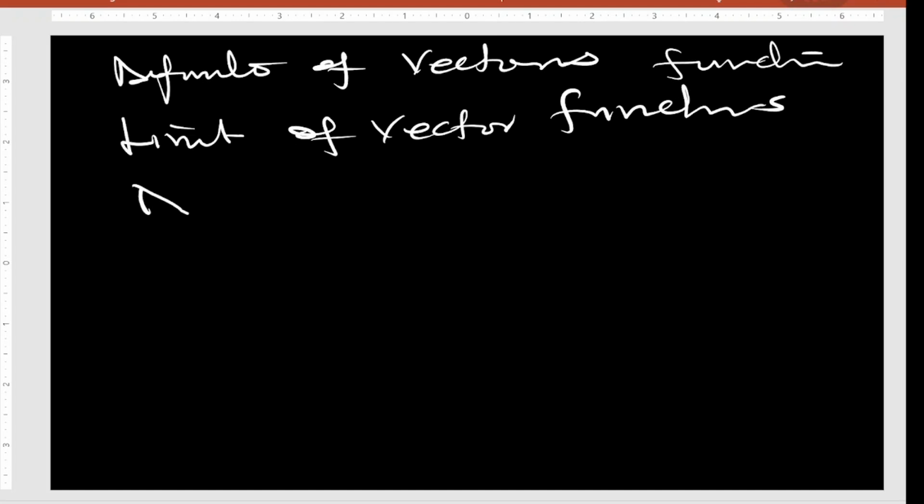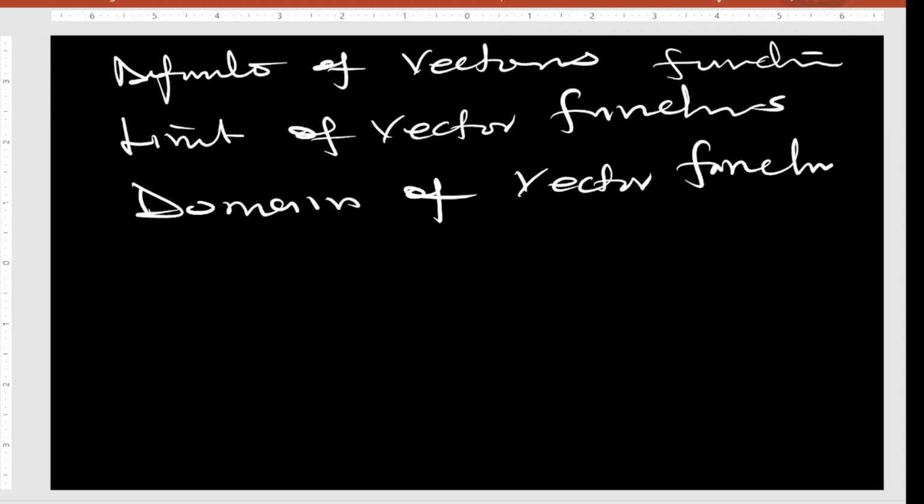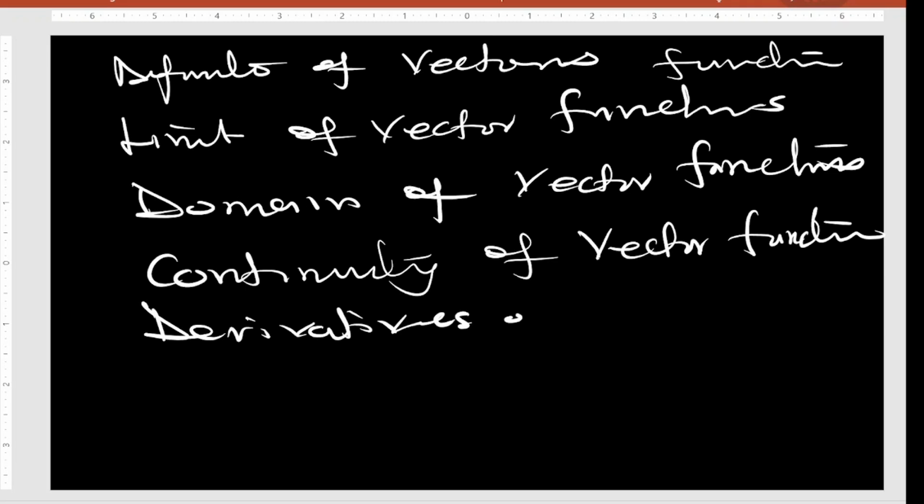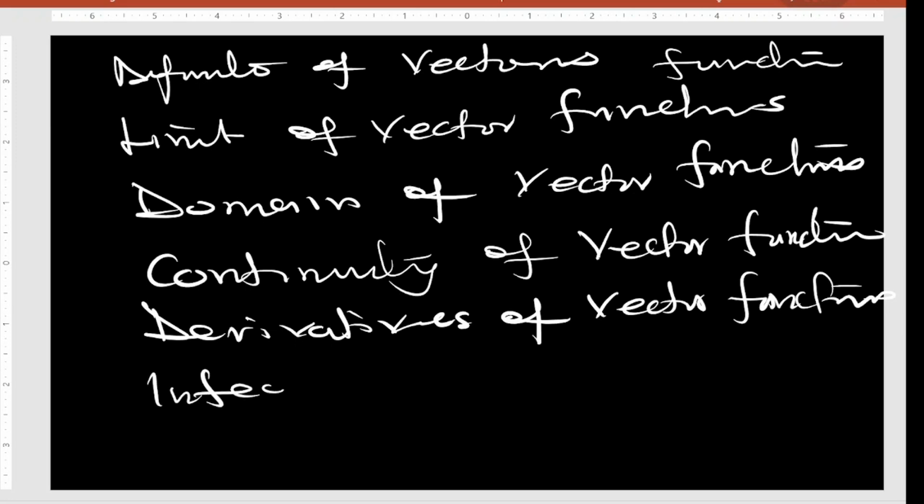We have also looked at the domain of vector functions, the continuity of vector functions, and the derivatives of vector functions. We also looked at the integration of vector functions.